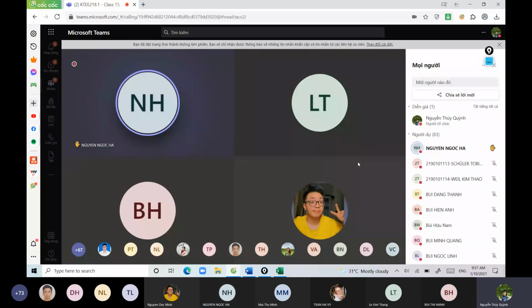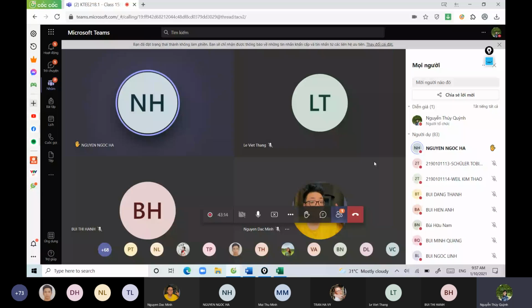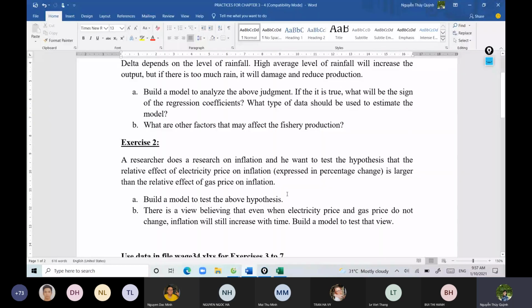Here we want to examine the relative effect. Now, which specification of the model tells us about the relative effect of the variables?